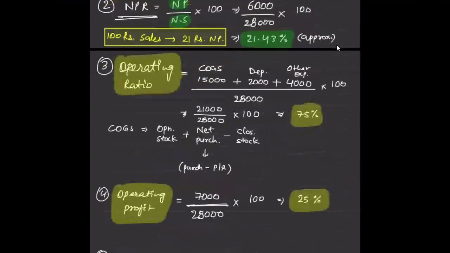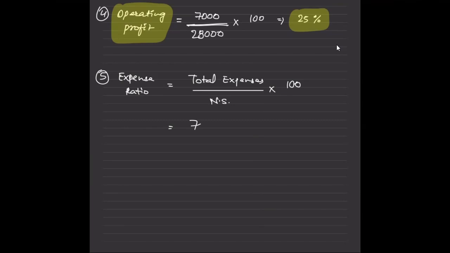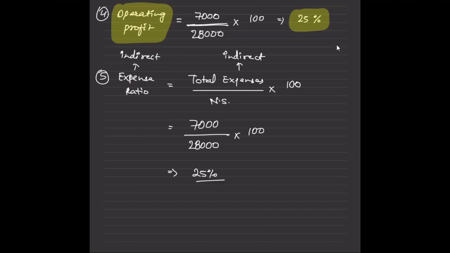So that is 7000 of overall expenditure. Okay, these are all indirect expenses. So this expense ratio is also called indirect expense ratio. So these are 7,000 divided by total sales, that is 28,000 multiplied by 100. That would be again 25%. So coincidentally, these two are matching up. Not always will this match.